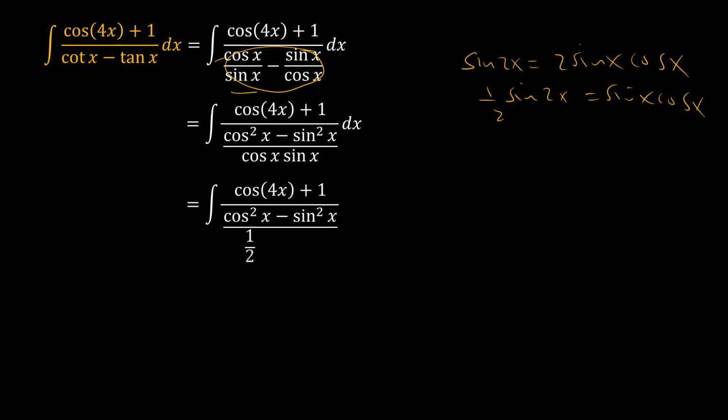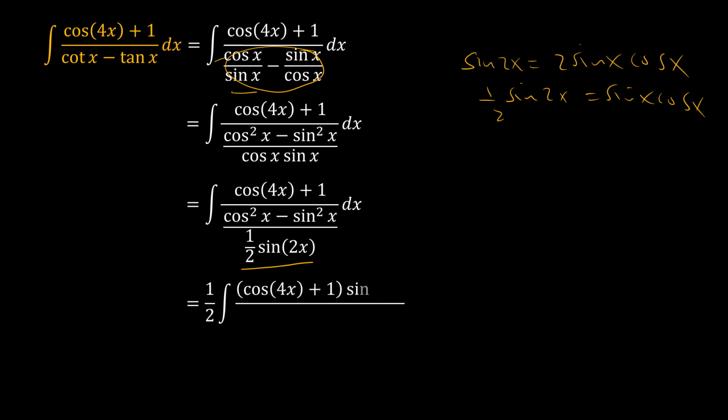And we can bring this on top so that we have a half the integral of cosine 4x plus 1 over cosine squared x minus sine squared x, times sine 2x at the top. And since cosine 2x is equal to cosine squared x minus sine squared x, we can express the denominator in terms of cosine 2x.